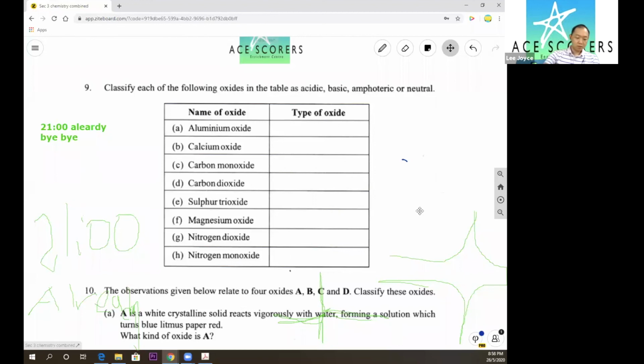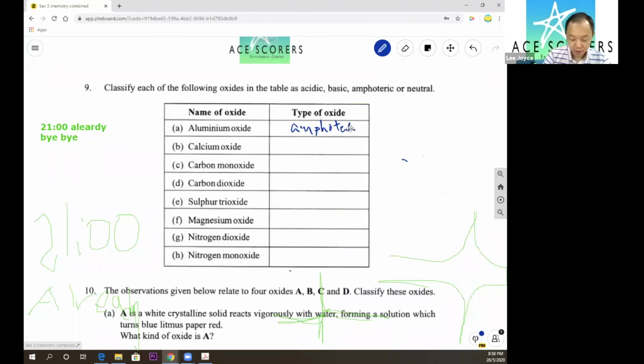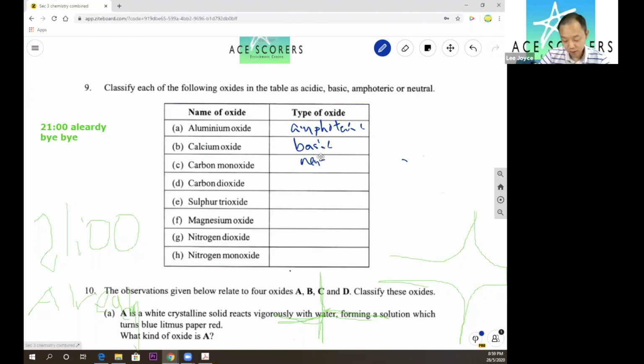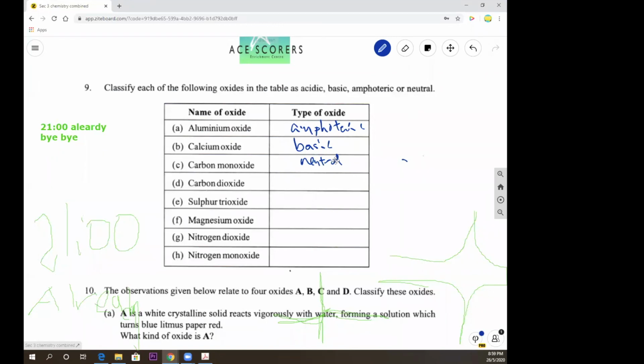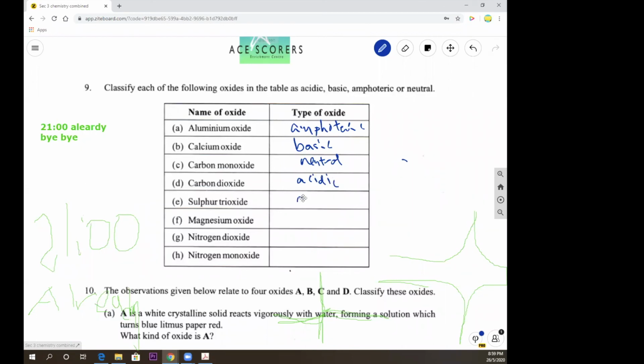Okay, let's try. Aluminium oxide, what type of oxide? Basic. Amphoteric. Calcium oxide: basic. Carbon monoxide: neutral. Carbon dioxide: acidic. Sulfur trioxide: acidic.